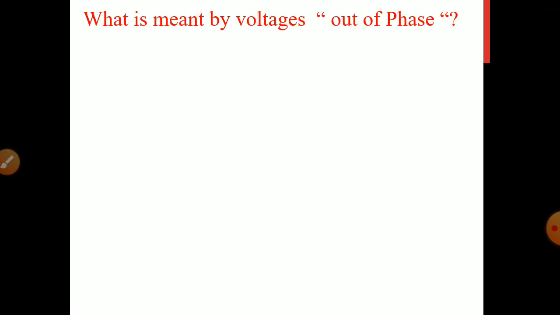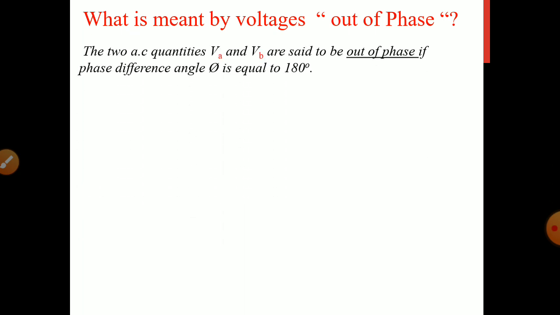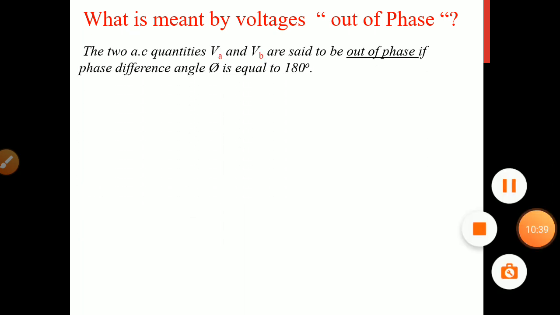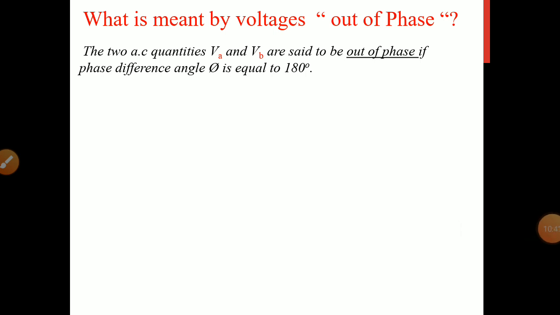Now we'll see what is meant by voltages out of phase. Two AC quantities VA and VB are said to be out of phase if the phase difference is 180 degrees.